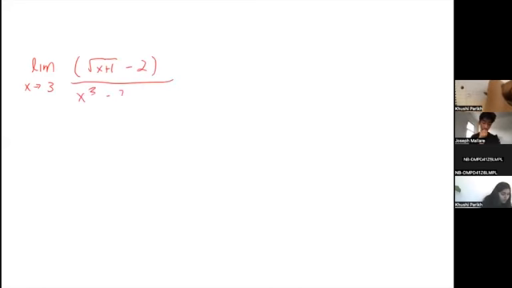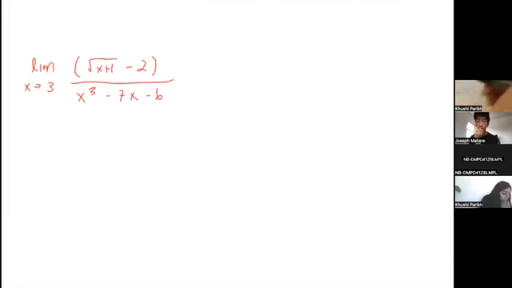Let's try this one. Limit as x goes to 3 of square root of x plus 1 minus 2 over x cubed minus 7x minus 6.